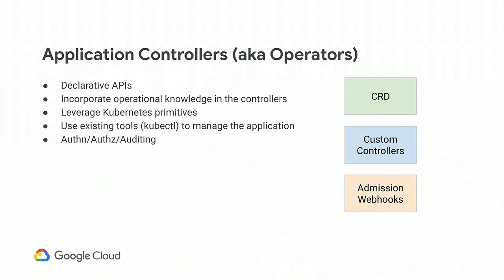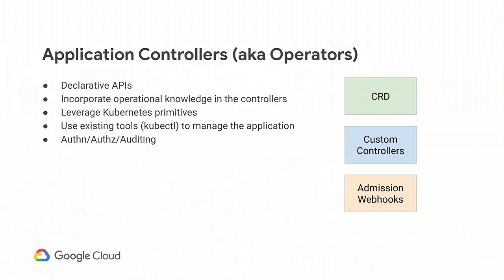Then you take all that operational knowledge of your application, which might be sitting either in playbooks or some bunch of bash scripts, or maybe sometimes in wiki pages. You can take that operational knowledge, put that in the controllers, and with that, you will have a working API to manage your application. And now optionally, you can use admission webhooks.